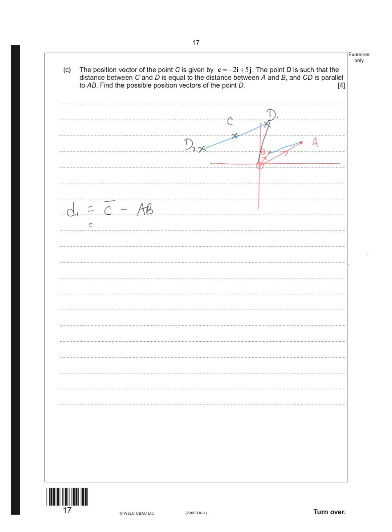Okay, because remember AB is this. So that is AB, and that is negative AB. So we will have the position vector minus 2, 5, take away, and if you think what AB was, it was minus 3, minus 4.